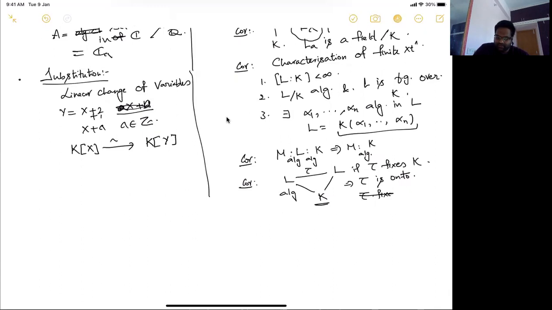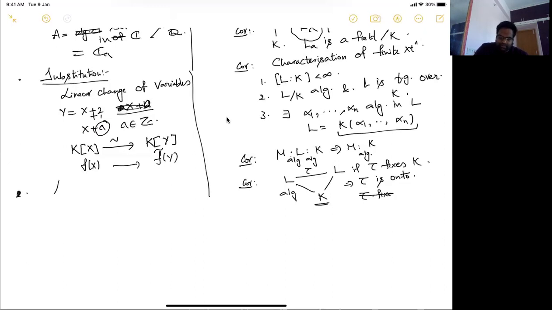So if the given polynomial f of x is irreducible here, then it is also irreducible over here, if and only if. So this is the technique you use to conclude in the case when you cannot apply the Eisenstein criterion directly. Of course, what we use, we have to choose judiciously.